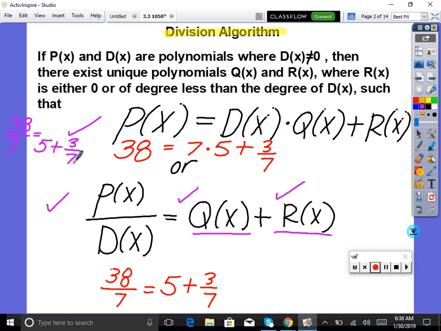Now, if this is true, isn't it also true that 38 will be equal to 7 times 5 plus the remainder? Didn't we say that's how we got back to 38? So it's literally just saying, if this is true, then also this is true: 7 times 5 plus the remainder would equal 38. It's just different ways of writing out the division process.